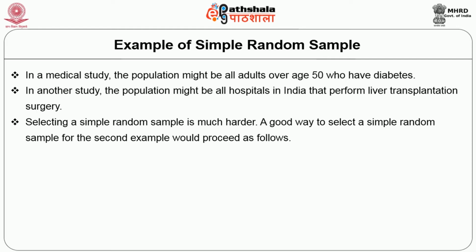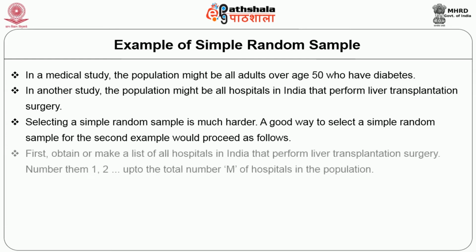A good way to select a simple random sample for the second example would proceed as follows. First, obtain or make a list of all hospitals in India that perform liver transplantation surgery. Number them 1, 2, etc. up to the total number capital M of hospitals in the population. Such a list is called a sampling frame.